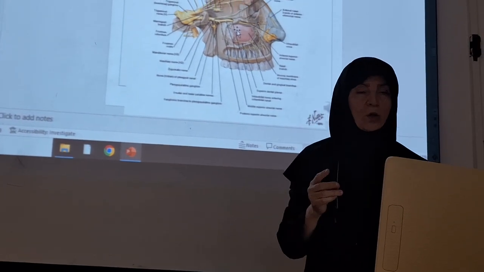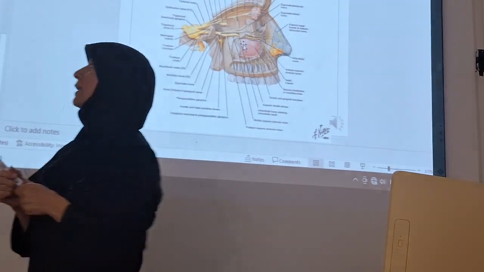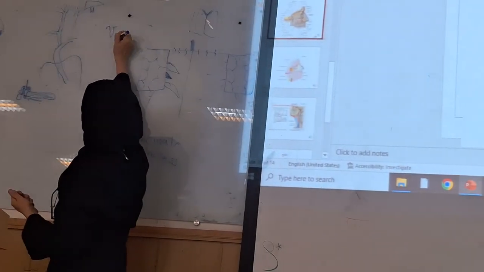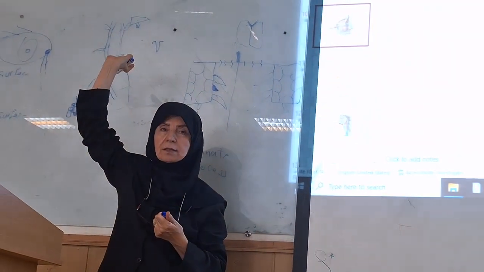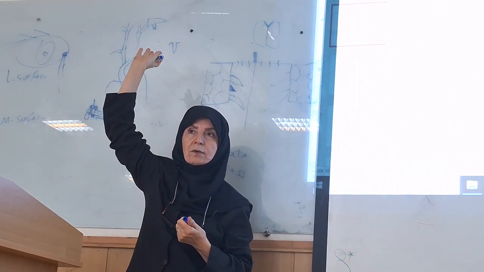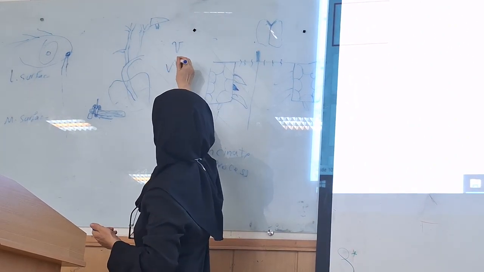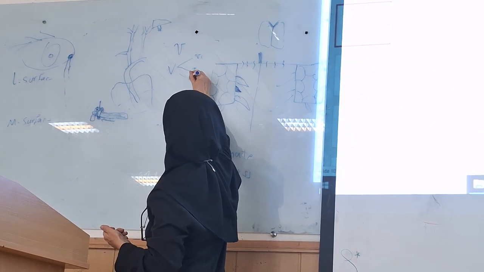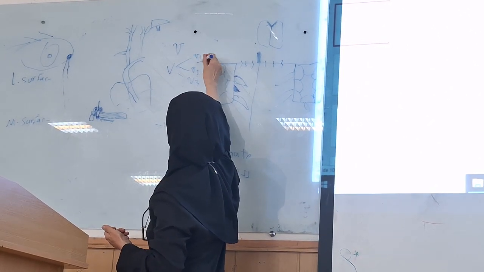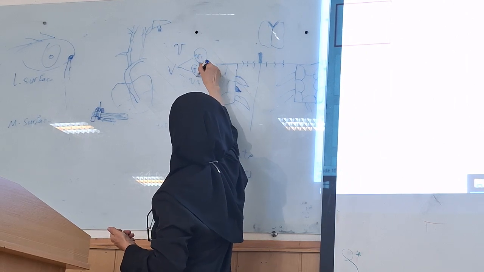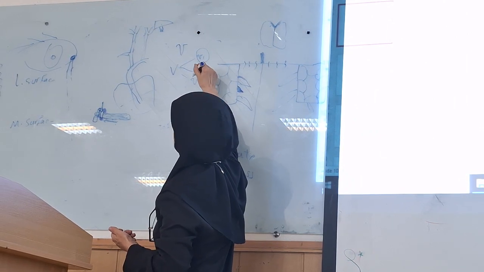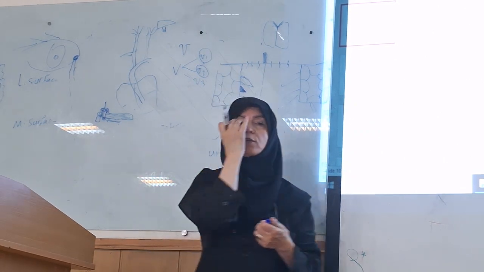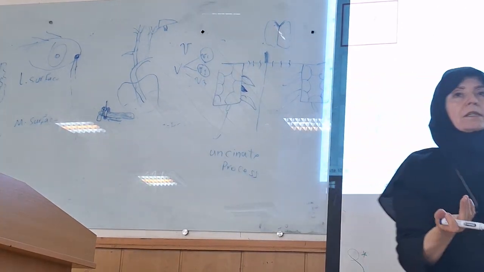We show it here, divided into three branches: V1, V2, V3. V1 is ophthalmic, V2 is maxillary, V3 is mandibular. The ophthalmic and maxillary have some branches for the nasal cavity.